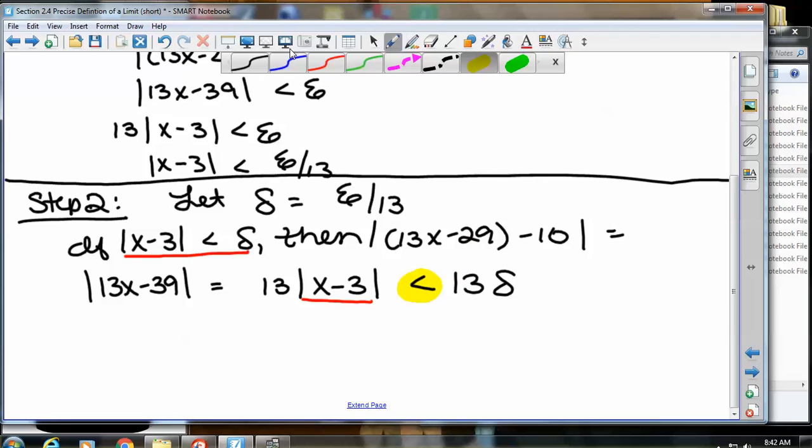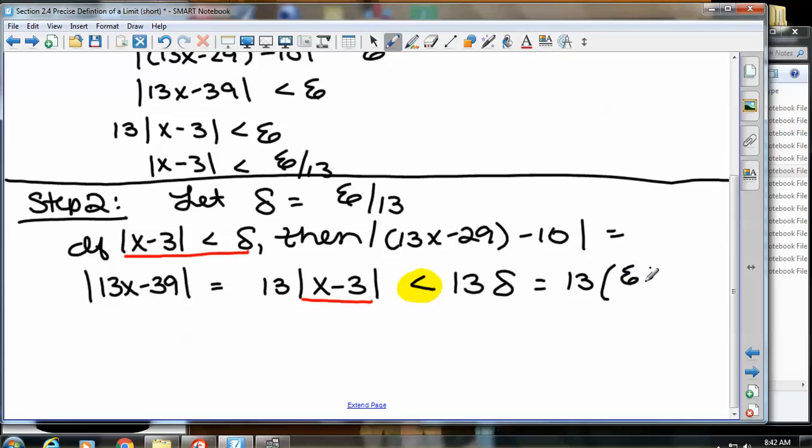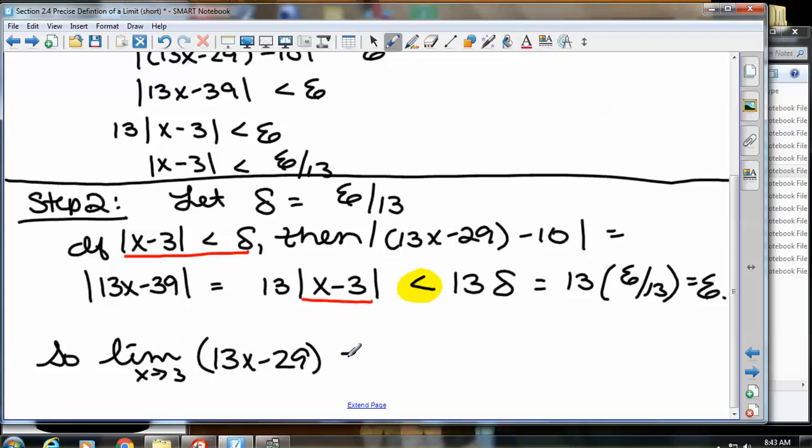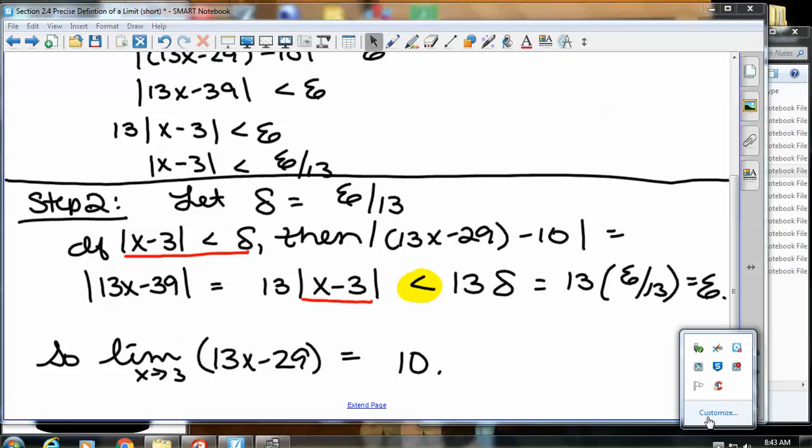But what is delta equal to? So that is 13 times epsilon over 13, which is epsilon. And we got our epsilon, we're done. So we just showed that the limit as x approaches 3 of 13x minus 29 is in fact 10.